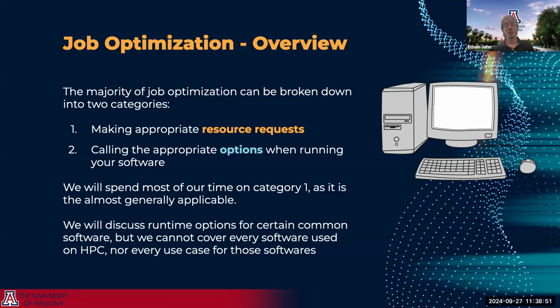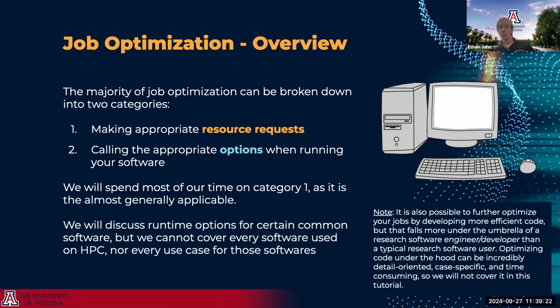And we'll discuss certain runtime options for certain common software, but as every software is different and needs to be called differently, it's hard to give details on how to do that for your particular situation in this presentation. But if you do have questions, if you're saying, oh, hey, I'm running this software and I want to make sure that it's running more efficiently, that I'm configuring it correctly, feel free to shoot us a message and we'd be happy to take a look at your particular situation.